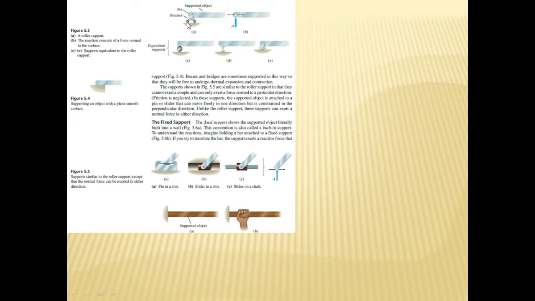And these rollers have the capability to displace along the surface, very small displacements, by virtue of these two wheels. These wheels can be metallic or plastic, depending upon the load they can support.